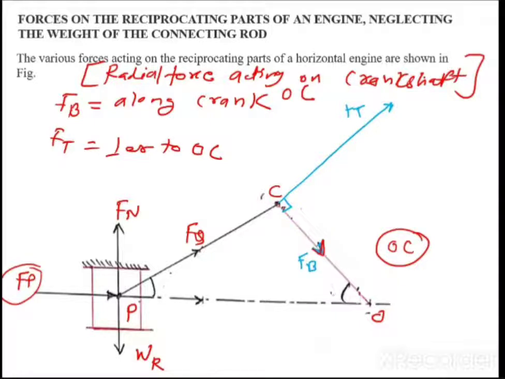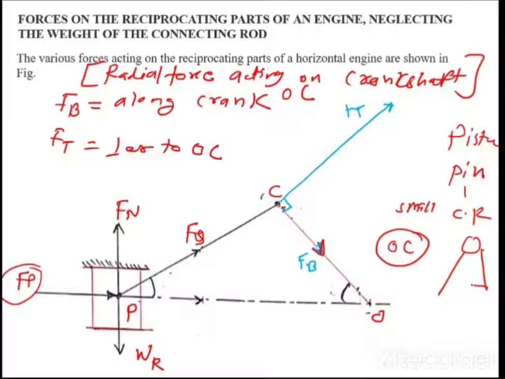See, how is the connection? The piston is connected to the piston pin. Then this piston pin is connected to the connecting rod, at the small end of the connecting rod. This is the small end and this is the big end.